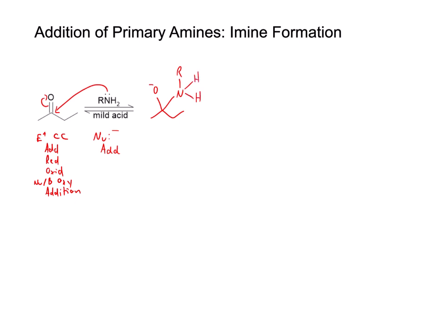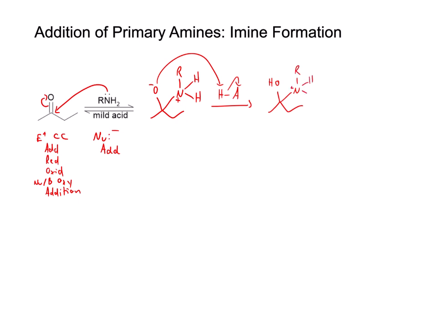Of course, nitrogen doesn't like having 4 bonds, so we're going to put a positive 1 formal charge on that. What happens next is pretty familiar. We have our mild acid, and the O negative is going to deprotonate that acid, giving us a neutral oxygen, but we still have this issue where we have a nitrogen with a formal charge of +1 on it.